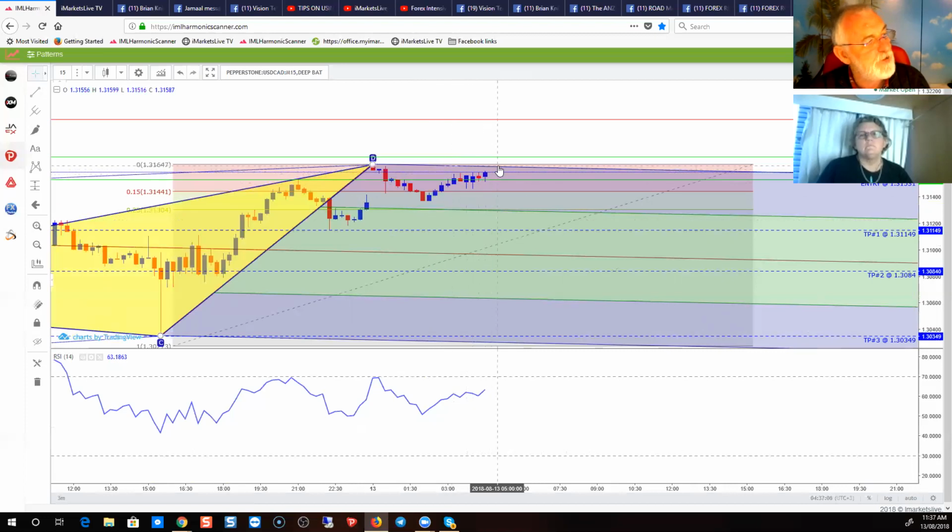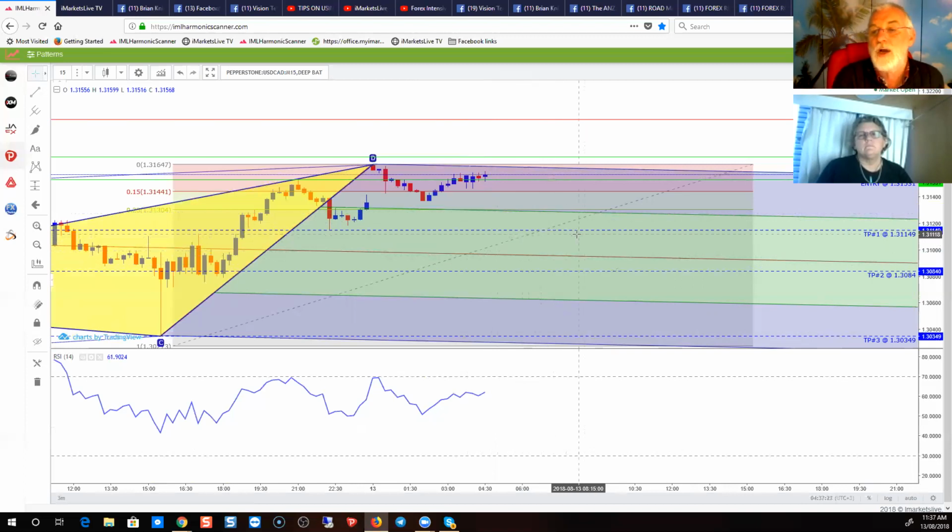If that comes up and touches that fork, if there's a wick or candle touching that fork, and then it starts going off down and touches one of those, either that quadrant or the midline, and goes to take off, that is then a tradable trade. If it breaks through, then that's a trade for a sell.